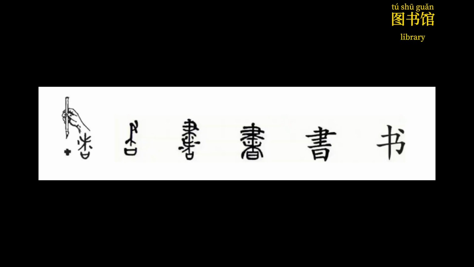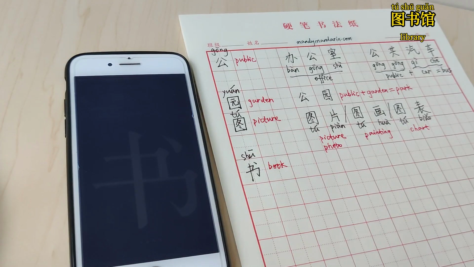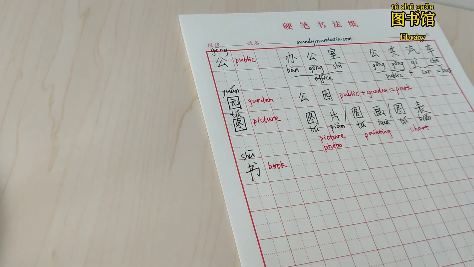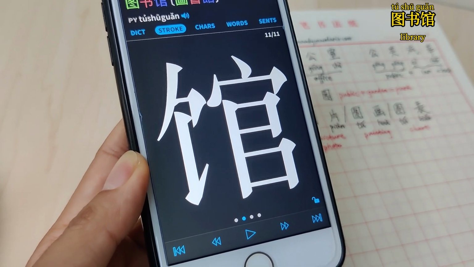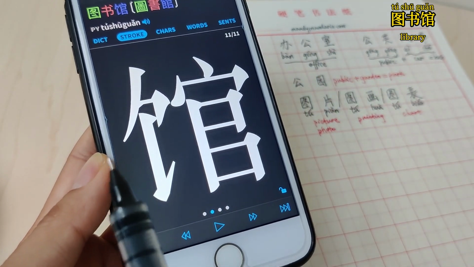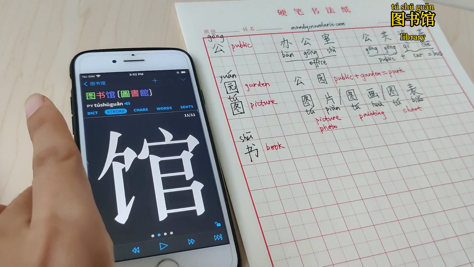Here's the evolution of the character 书, and originally it refers to writing down something or documenting something. But nowadays, 书 mostly refers to the book. The next word, 图书馆. This is how we write the 馆. It's a left-right structure.